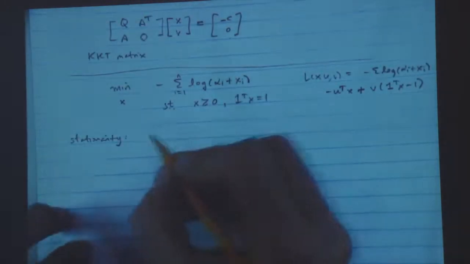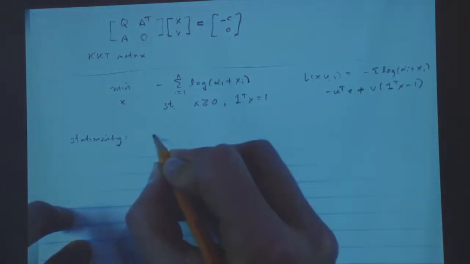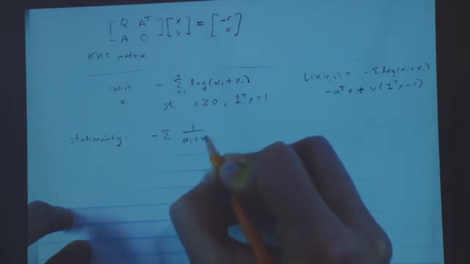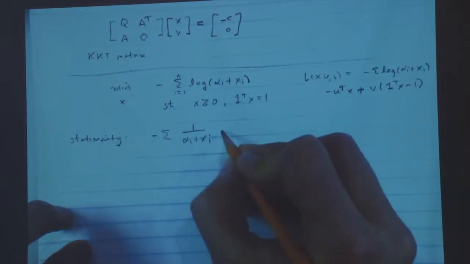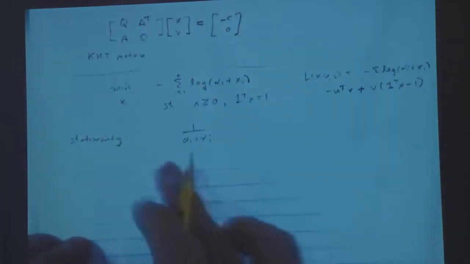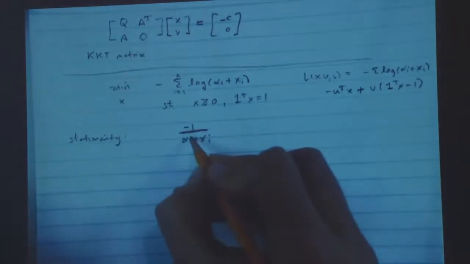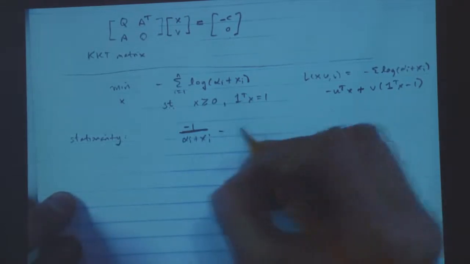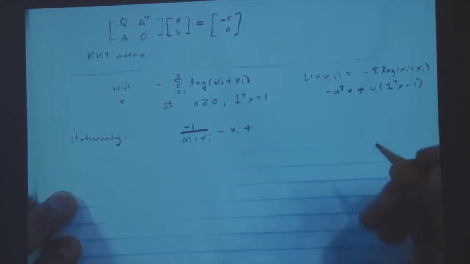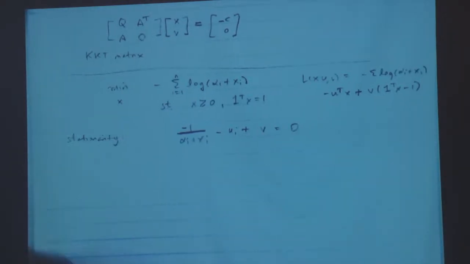Okay, so stationarity, we get by differentiating this with respect to x. Let's differentiate with respect to the ith component, x_i. So we get minus 1 over alpha_i plus x_i, minus u_i, plus v equals 0.